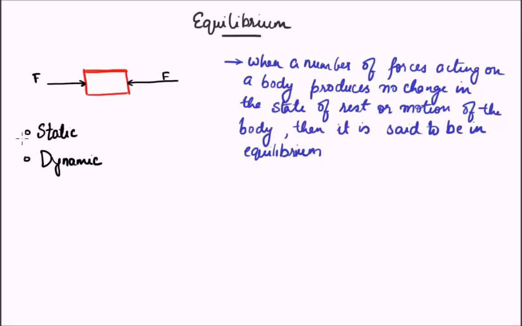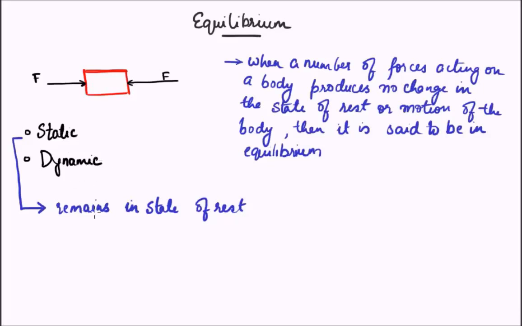Static equilibrium is when the body remains in the state of rest under the influence of force. And dynamic equilibrium is when the body remains in a state of uniform motion.